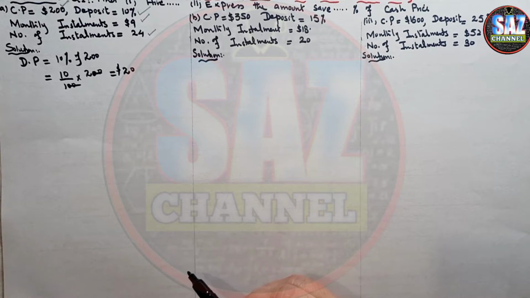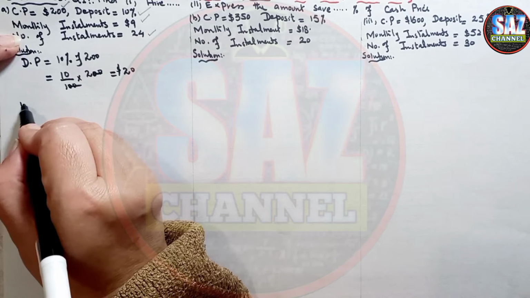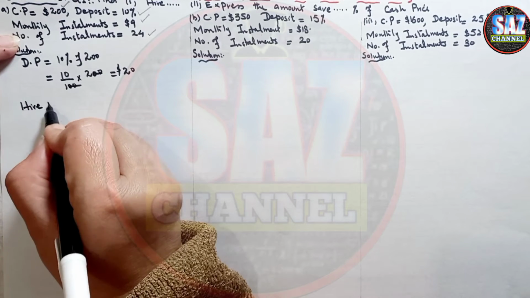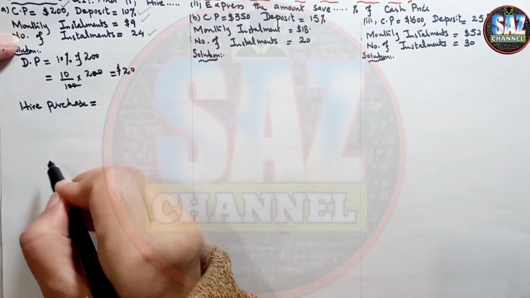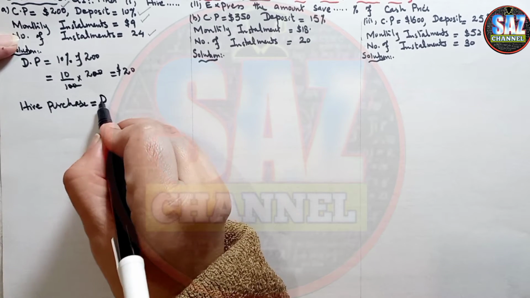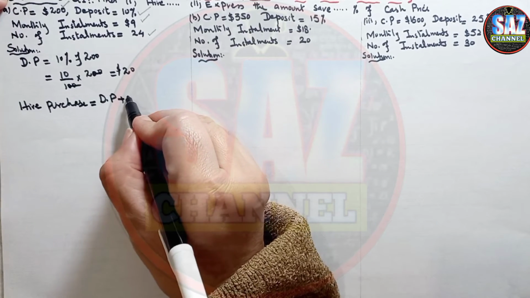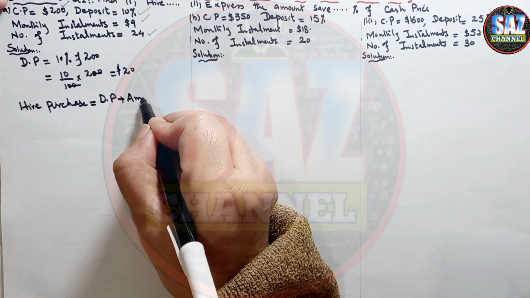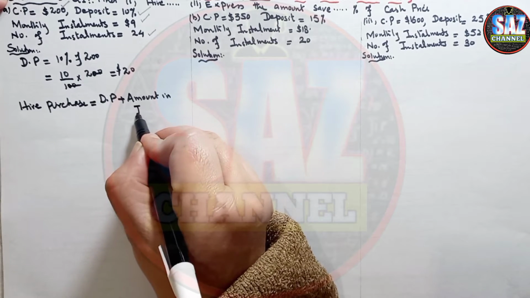What will be the formula for the hire purchase in this case? Hire purchase will be equal to down payment plus the amount in installments.